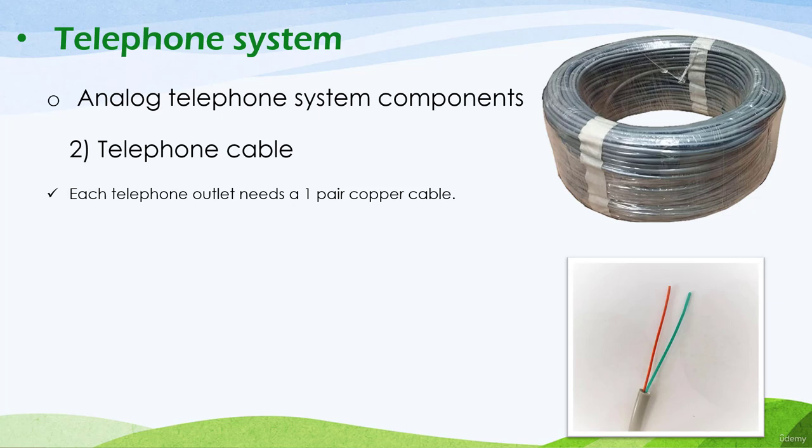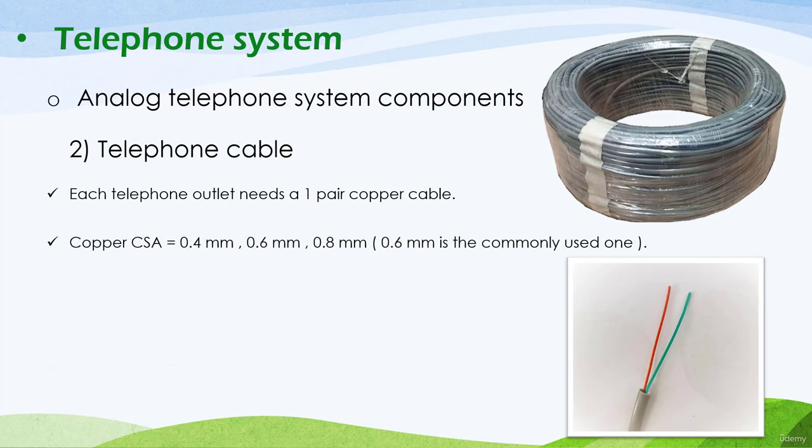Like this case here, you can see this is a one pair copper cable that is used for transmitting the telephone electrical signal. The cross-sectional area of each copper wire can be 0.4 mm, 0.6 mm, or 0.8 mm. Any of those three can be used for the telephone system, but the most commonly used one in designing the telephone system is the 0.6 mm copper cable.